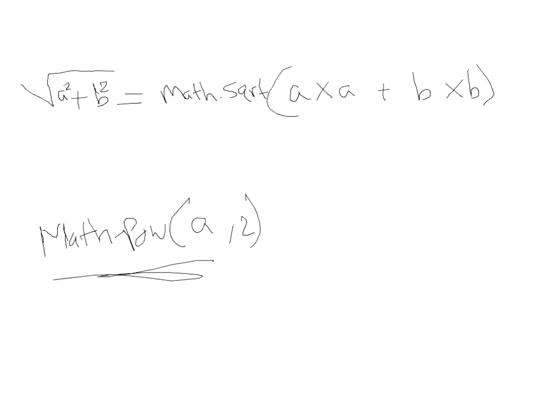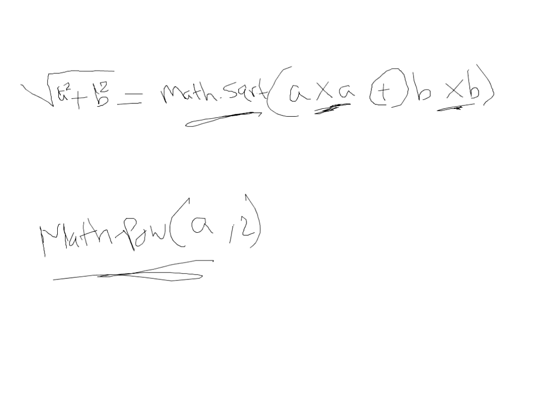According to the precedence rules, Java will work out the first multiplication, then the second multiplication, because they have higher precedence. Then it's going to add them together, and after that it's going to work out the square root. Now, what if you have a to the power of 12? Obviously, it's impossible to write a times a 12 times.